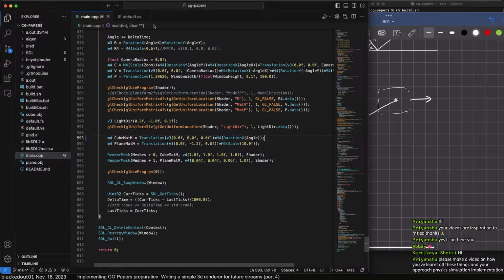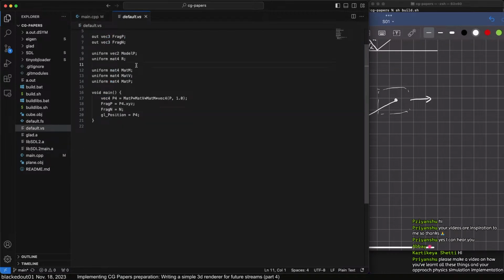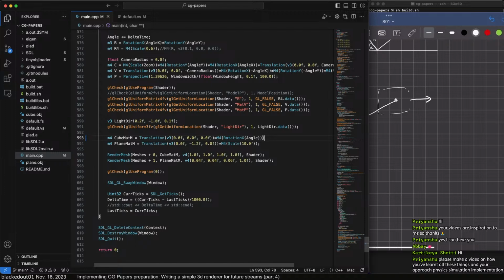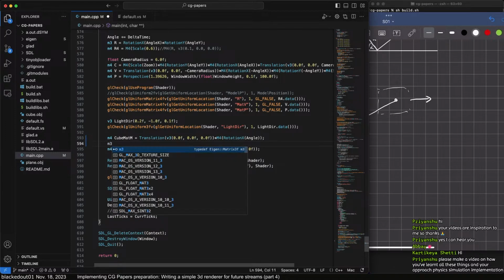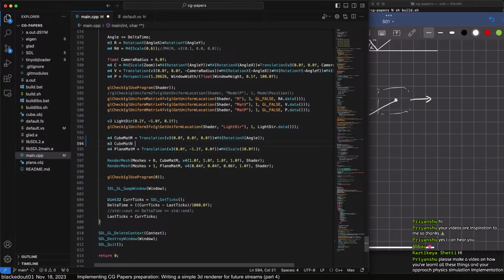So this is one reason why there is another matrix normally used in shaders, which is the normal matrix. So instead of M, it's the N. And this is a 3x3 matrix because, like I just said, we don't need the translation. And for this, let's save this as well.